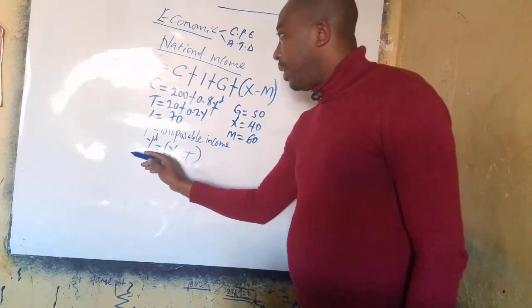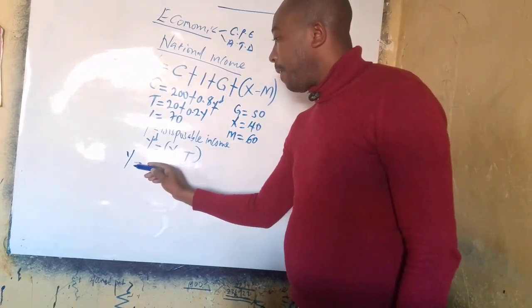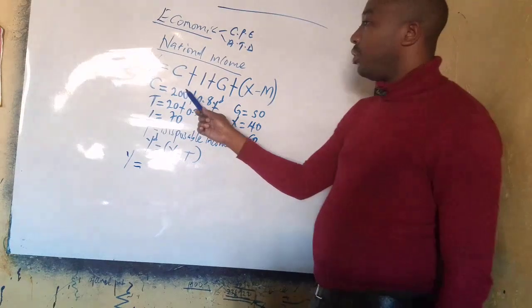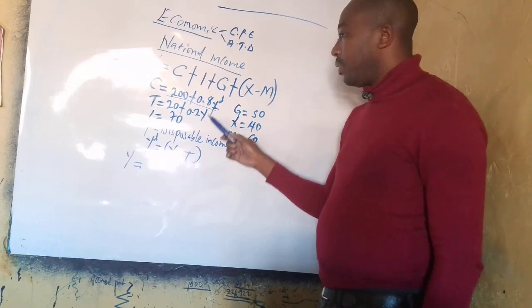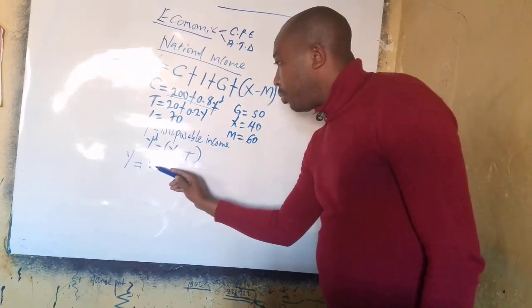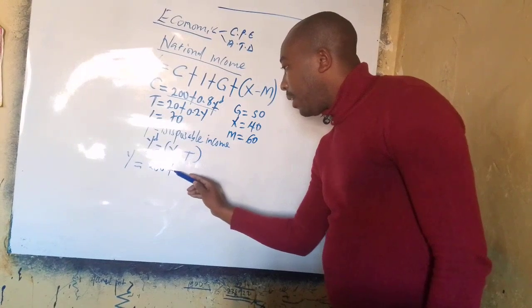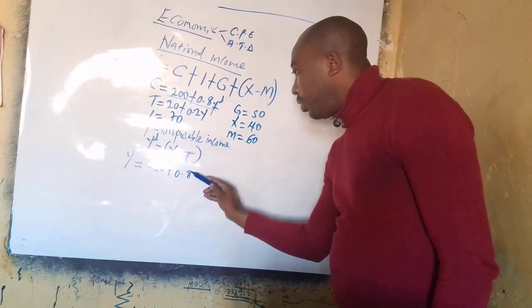So I'll just come here and say Y. I now substitute where there is C: 200 plus 0.8.